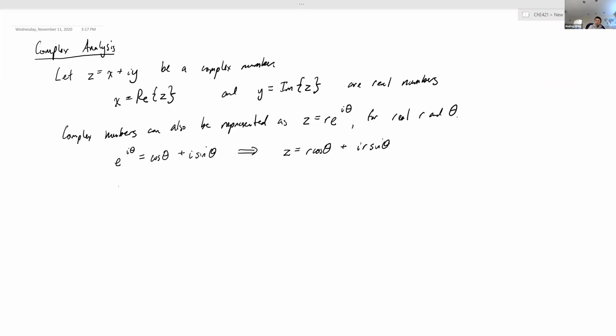You can see then that, comparing this definition right here to this definition up here, x can be written like that, and y can be written like that. And of course, those are polar representations. It's a polar representation of z.